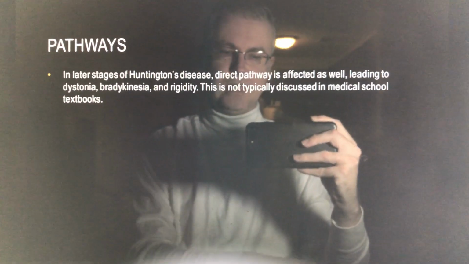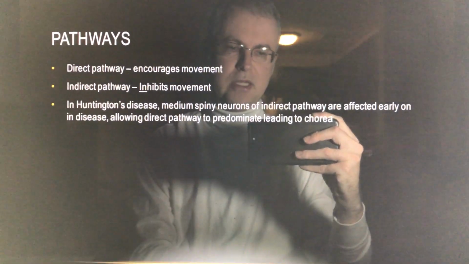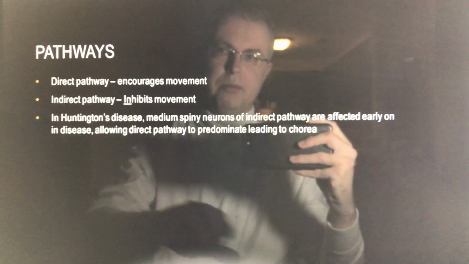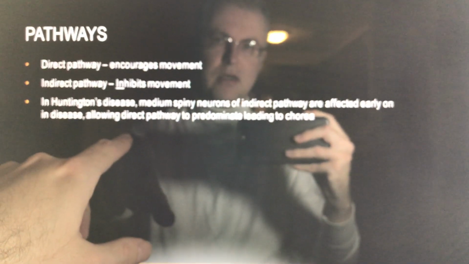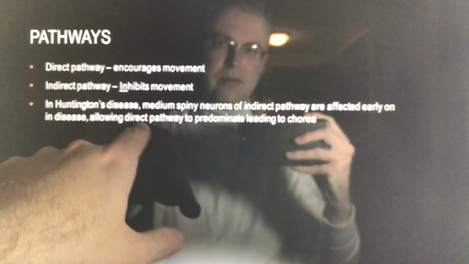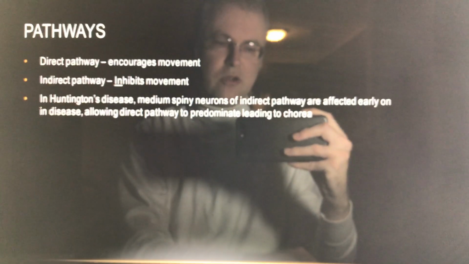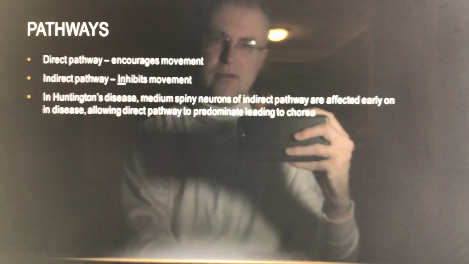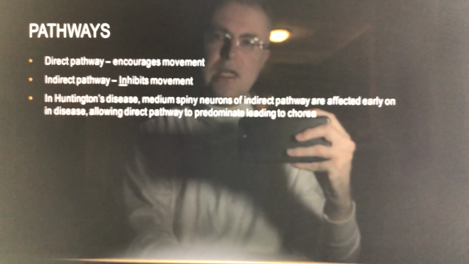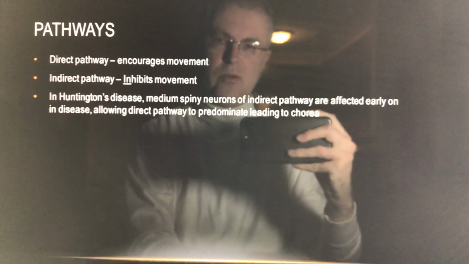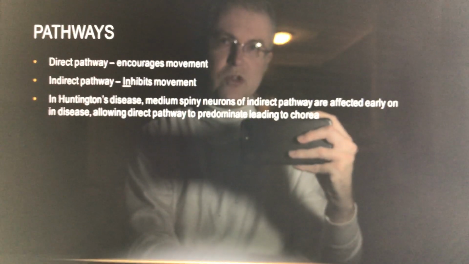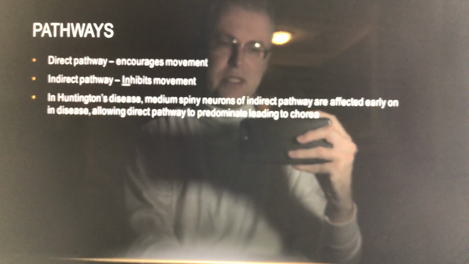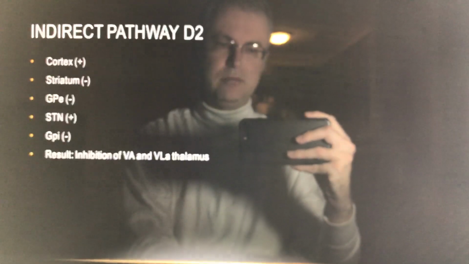So if you're in an educational setting or taking any kind of exam, you would most likely be thinking about the degeneration of the indirect pathway and the classic chorea in Huntington's disease for the classic subtypes, unless you're dealing with the Westphal variant, the young onset Huntington's, which has dystonia and bradykinesia from the beginning.